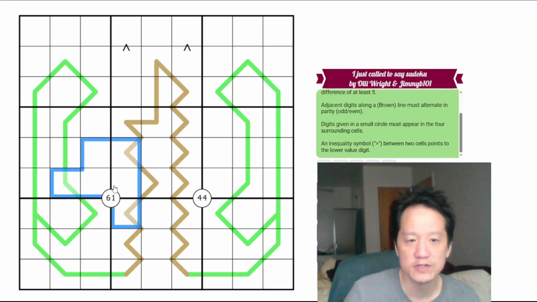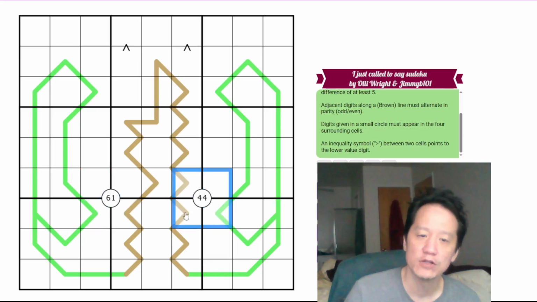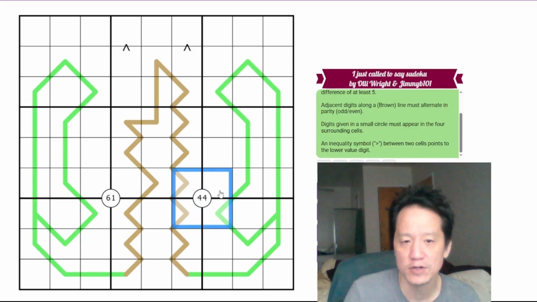So one of these 4 digits must be a 6 and one of these 4 digits must be a 1. Similarly, in this quad clue, there are 2 4s that must be in the 4 cells surrounding this quad clue. So there must be a 4 in one of these and then a 4 in another of these cells that surrounds this quad clue.